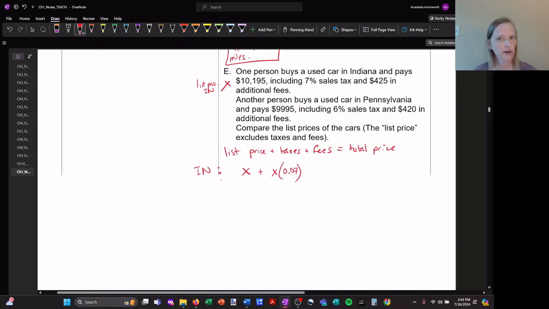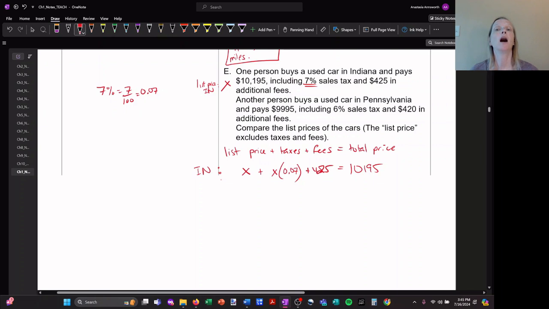Why is it 0.07? Because 7% sales tax, 7% is the same thing as 7 out of 100, which is 0.07. So that's how the taxes are calculated. And then the fees are $425. And all of that added together gives you the total price, that $10,195.